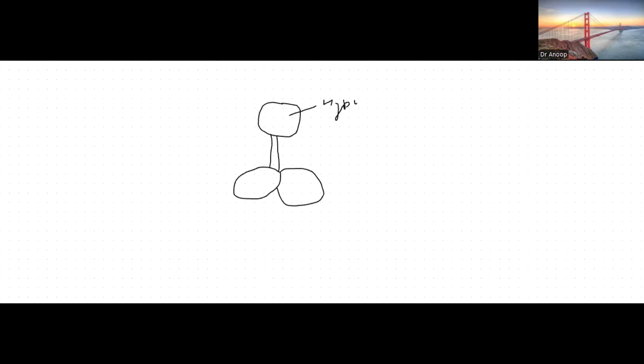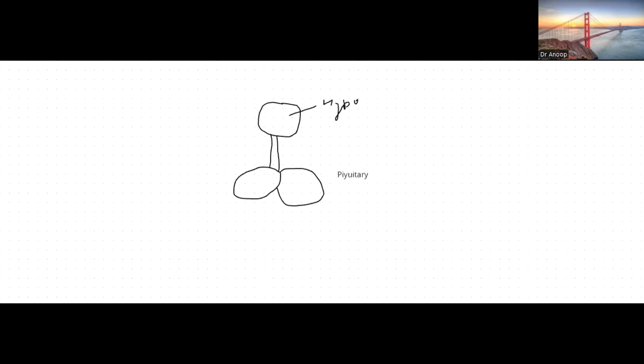These are your pituitary glands. As I said, the pituitary is of two types, anterior and posterior pituitary.